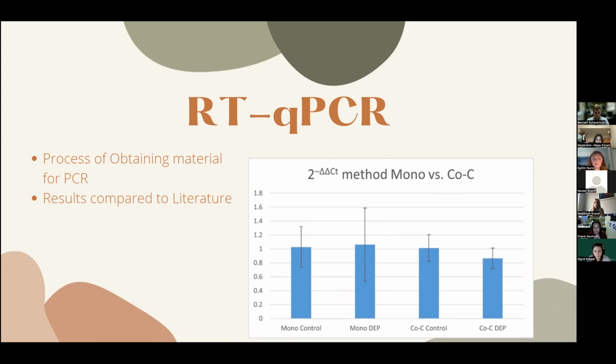mRNA for P-glycoprotein. Now, this was very interesting to us because it indicates that, with all of these results together, P-glycoprotein is being more frequently produced by the cells. However, they're not functioning.